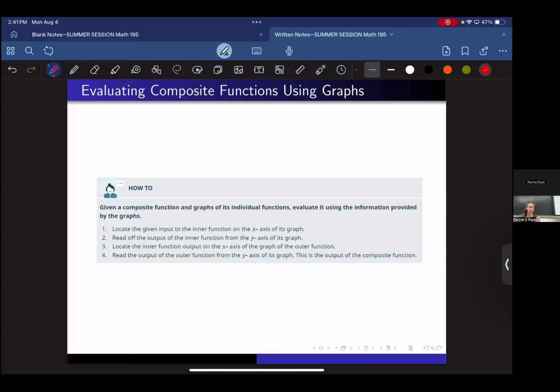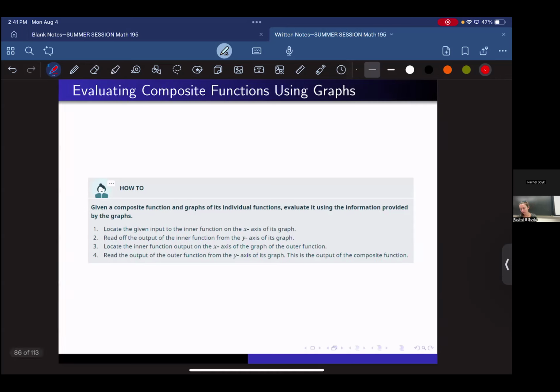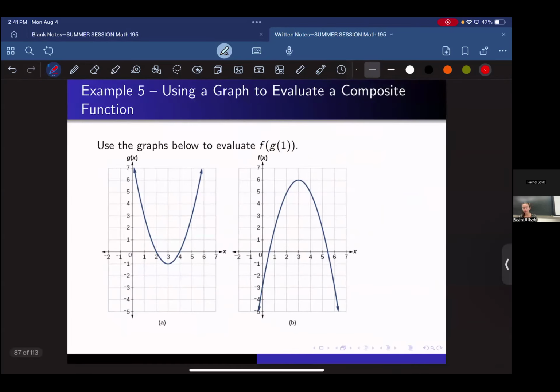Same exact concept, it's just you're pulling data in a different manner. So here, we're asked to evaluate f of g of 1. And that first graph is our g of x graph, whereas that second graph is our f of x graph.